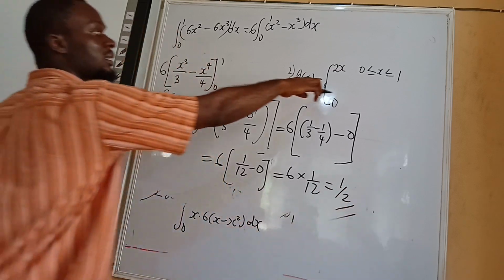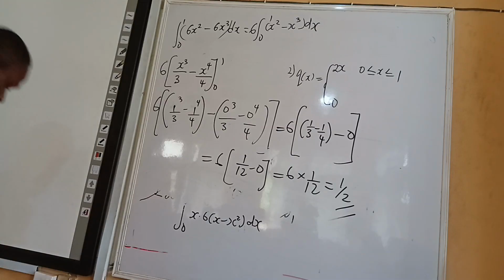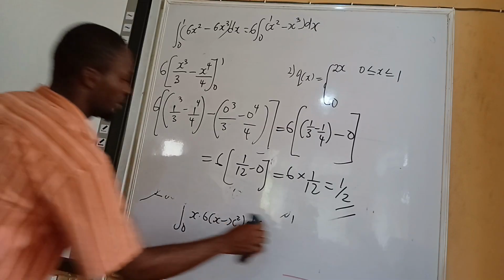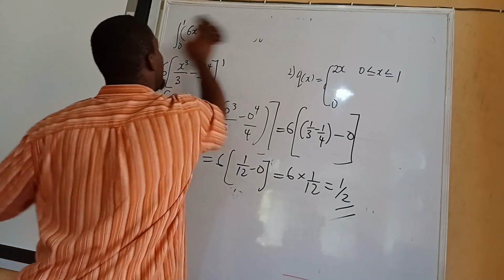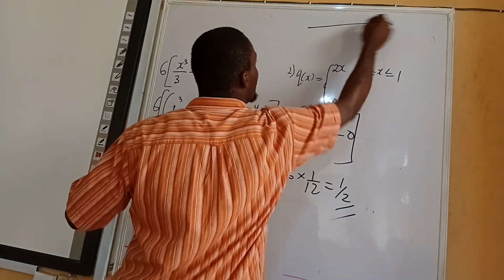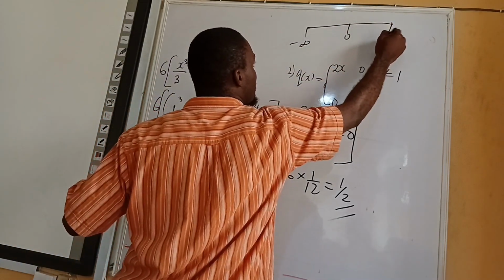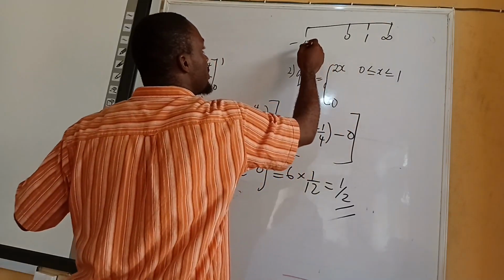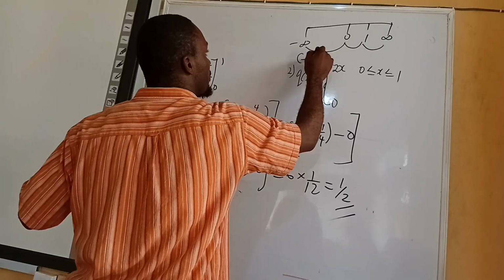So we do this other one the same way. Then for this other one now, we put 0, this is 1.